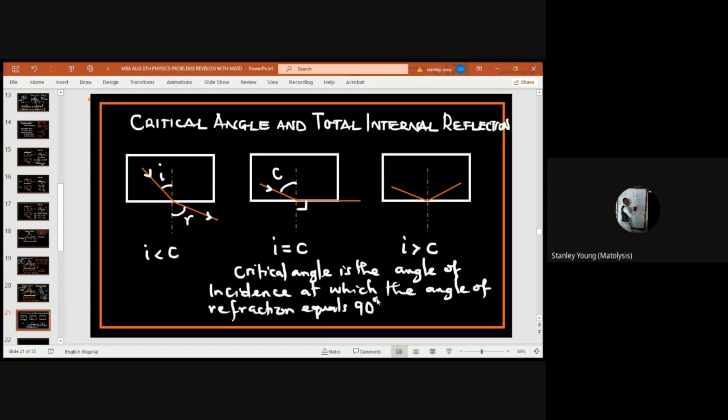Stopping here, you are not going to get your full mark because you've not included the condition I talked about, which means a ray traveling from a denser medium to a less dense medium. So you had, for a ray traveling from a denser medium to a less dense medium.